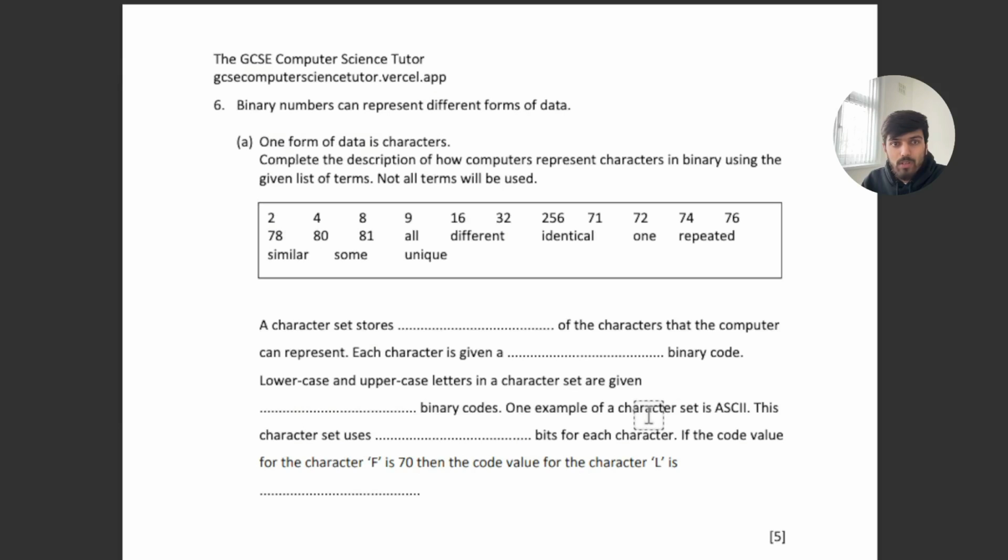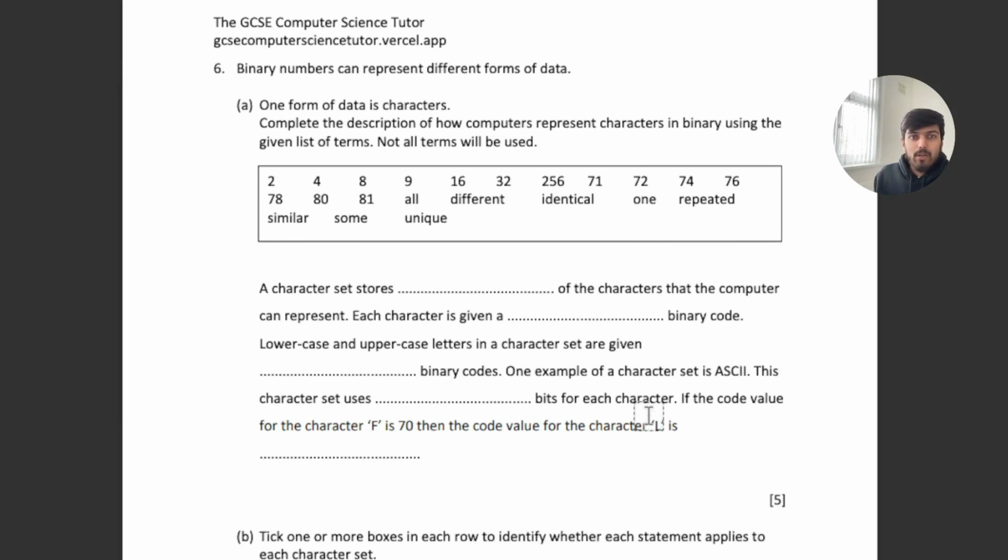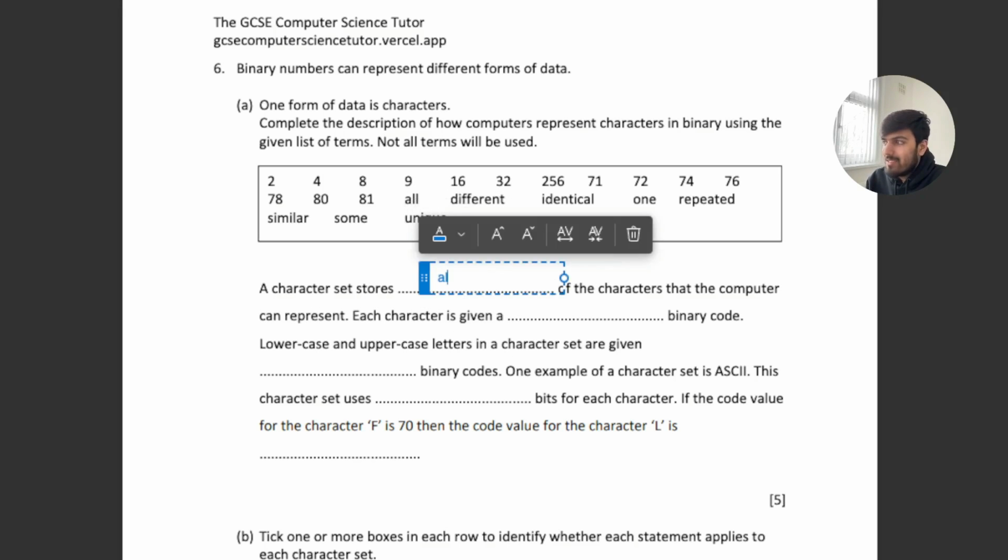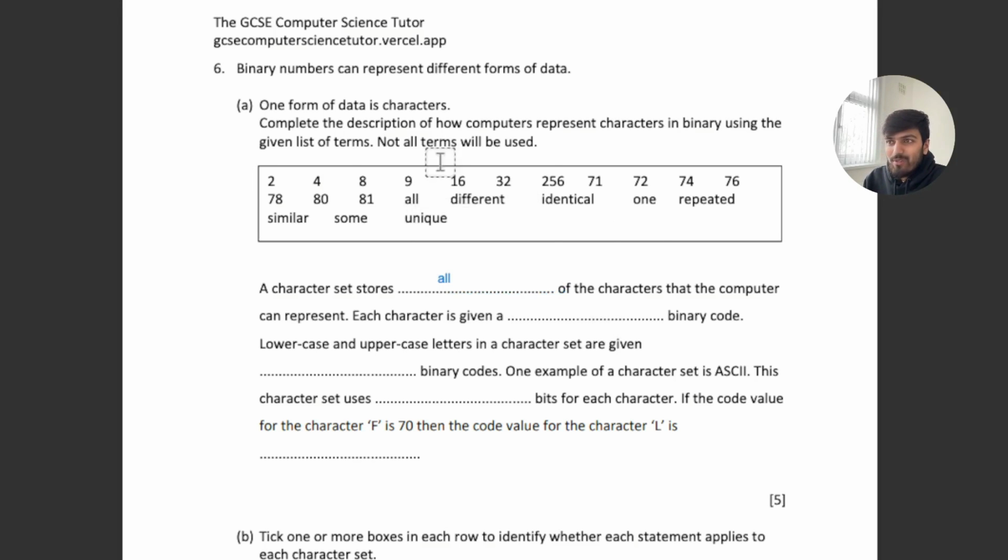Let's move on to part 6, which is binary numbers can represent different forms of data, as we've seen, and complete the description of how computers represent characters in binary using the given list of terms. A character set stores all of the characters that the computer can represent, which would probably make sense because none of the rest makes sense.